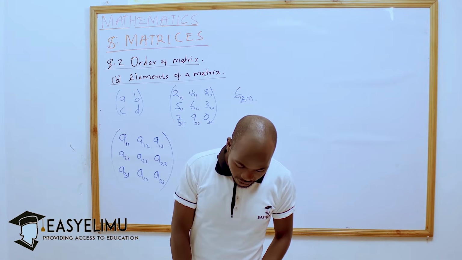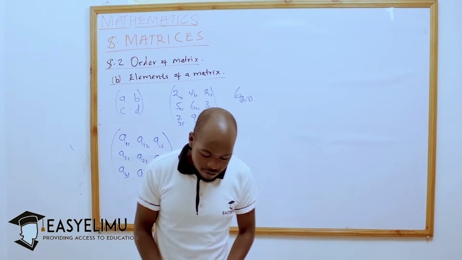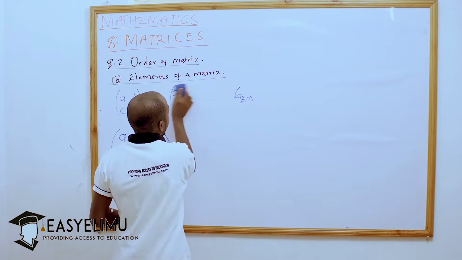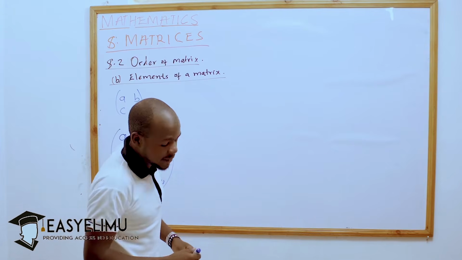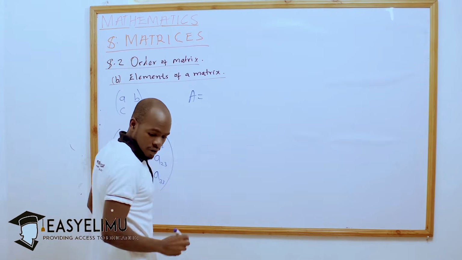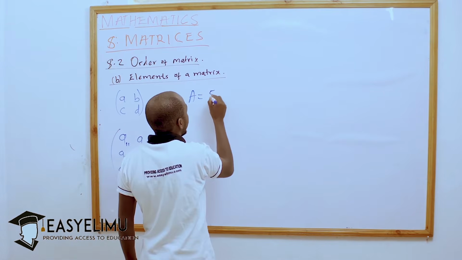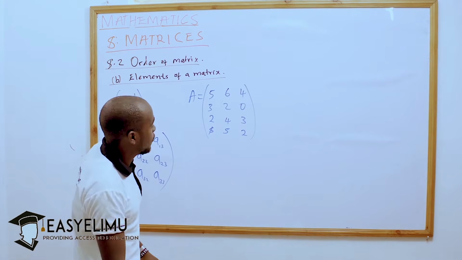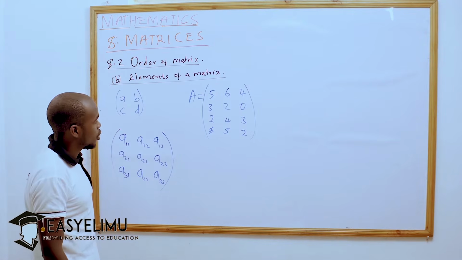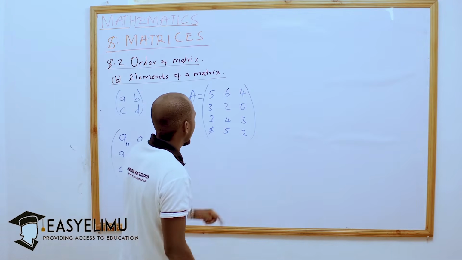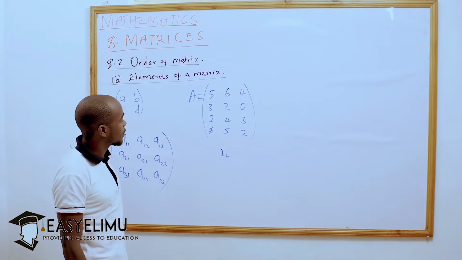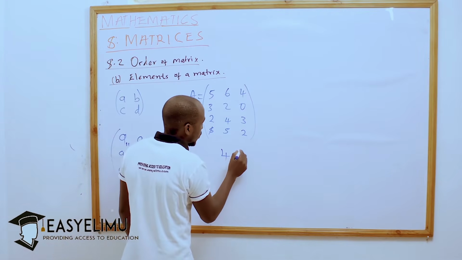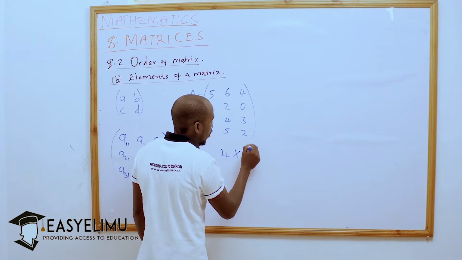We have seen that example, and I may even give you a matrix, for example, using the same information to view this matrix. That's 5, 6, 4. Now, as we can view this matrix here, you will find out that it has 4 rows. And from those 4 rows, we are going to have 3 columns.